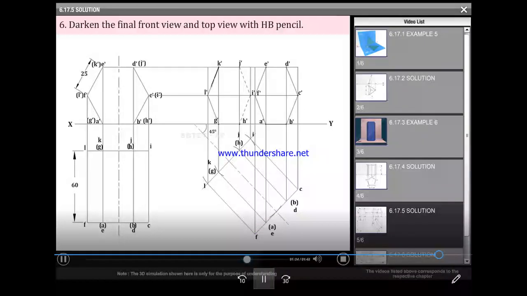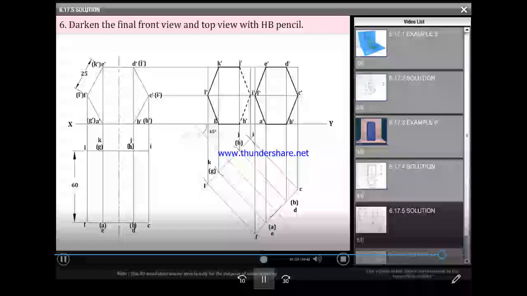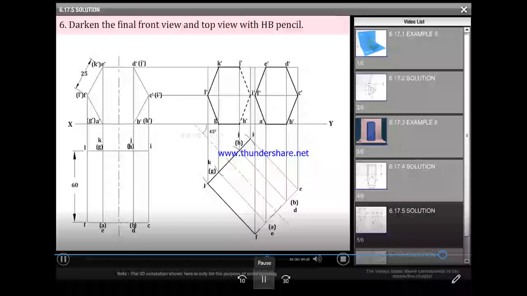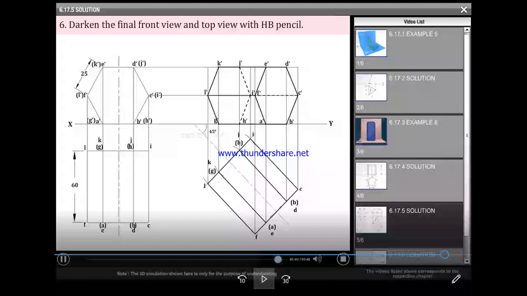Darken the final front view and top view with HB pencil. This is the final view after example 7.